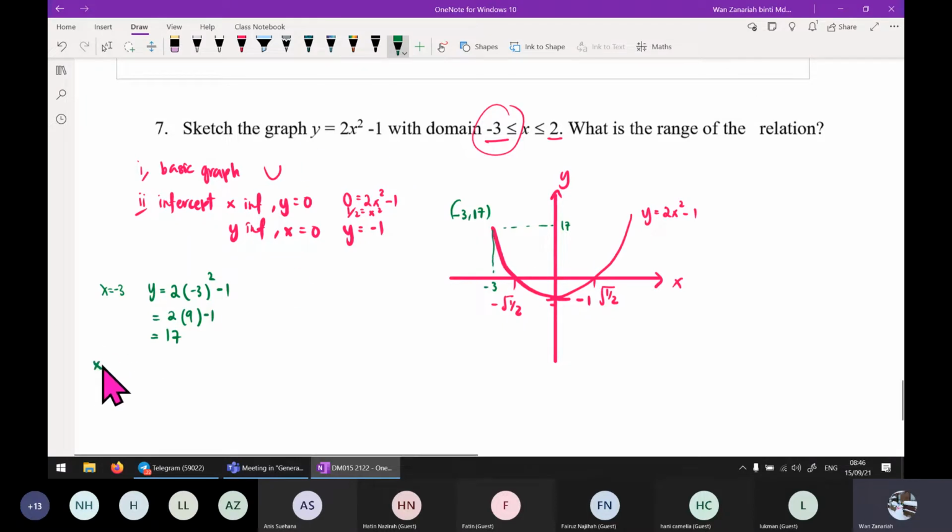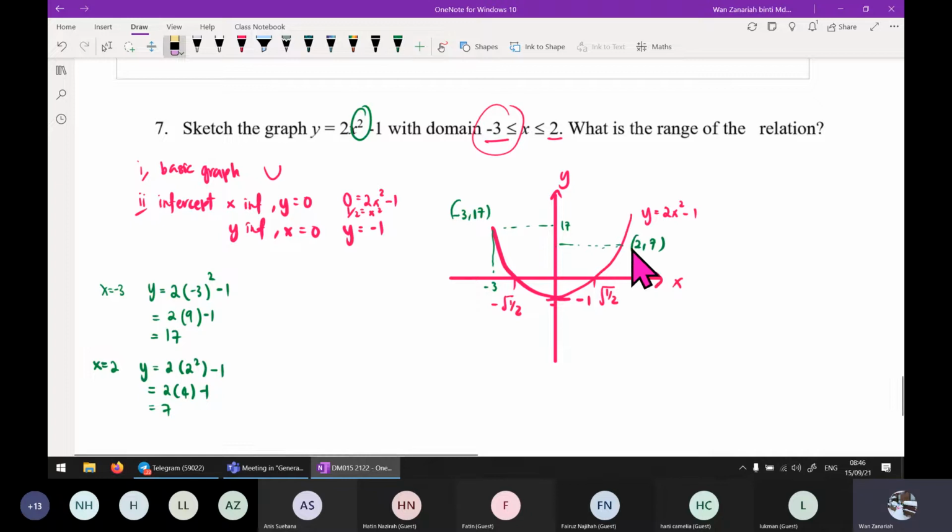Okay, so x equals to 2. Now we are looking at x equals to 2. 2 square minus 1. So 2 times 4 minus 1, yes, you get 7. So pastinya 7 ini dia lebih rendah. Somewhere here. So this is when you 2 and 7.